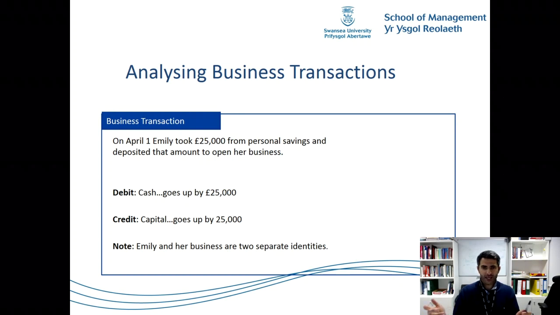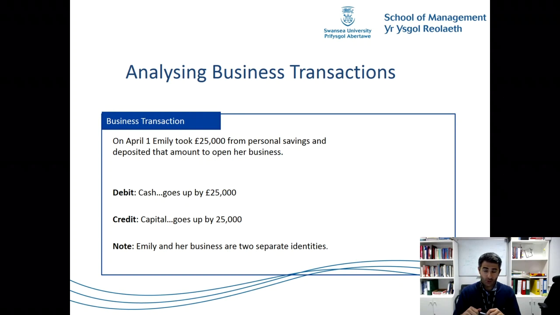So if you ask me now, how about Emily's £25,000 from her own pocket? I don't care. What I care about is the business. Remember something: Emily and her business are two separate entities. This is one of the accounting principles. The separate entity assumption means that you treat the business separately from the owner.